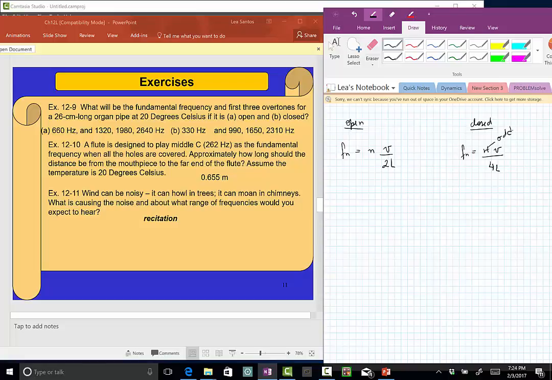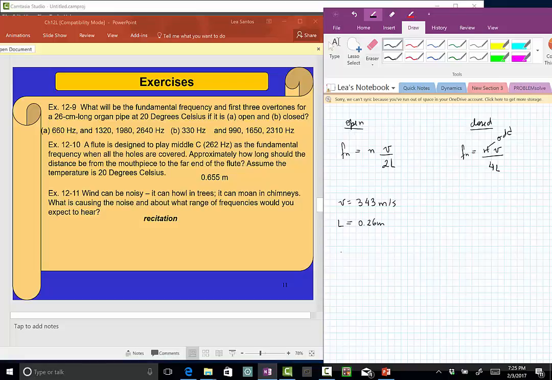We just now have to put numbers into this equation. Since they gave us the temperature, what they are giving us is V. It's saying that V is 343 meters per second. And the length they also gave us is 0.26 meters. From there you can get the frequencies.